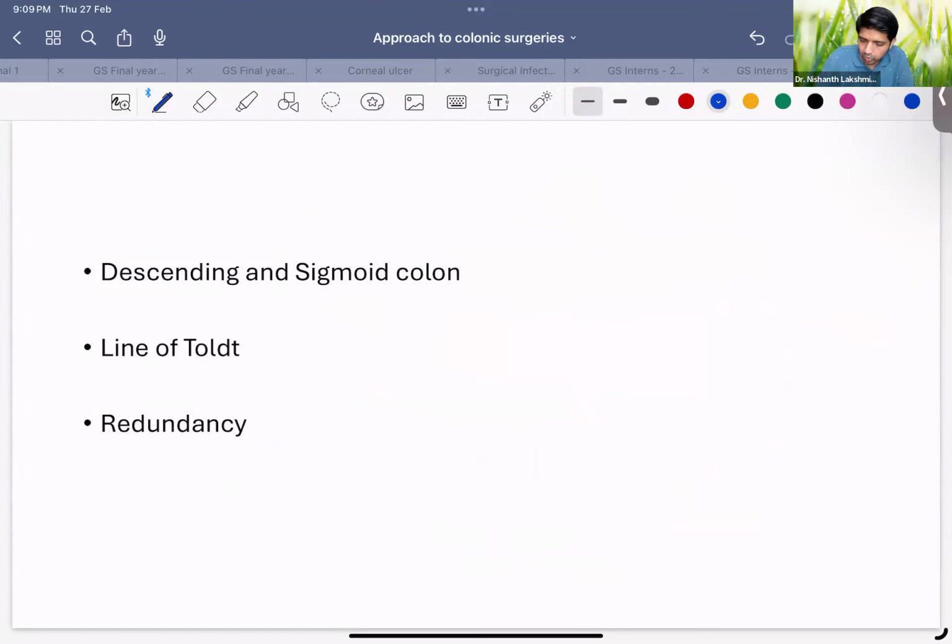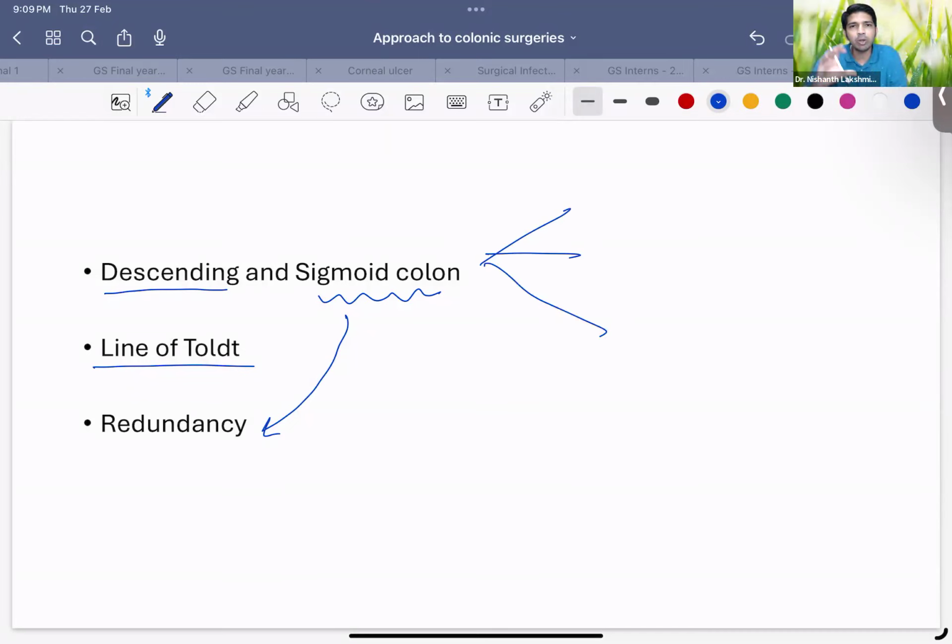Next is with regards to descending and sigmoid colon. Nothing great about descending colon. Again, it is a fixed structure. Line of Toldt is there. But with regards to sigmoid colon, I have written redundancy. Now, can you tell me three important reasons why sigmoid colon can undergo a volvulus? So let's get Vinod.